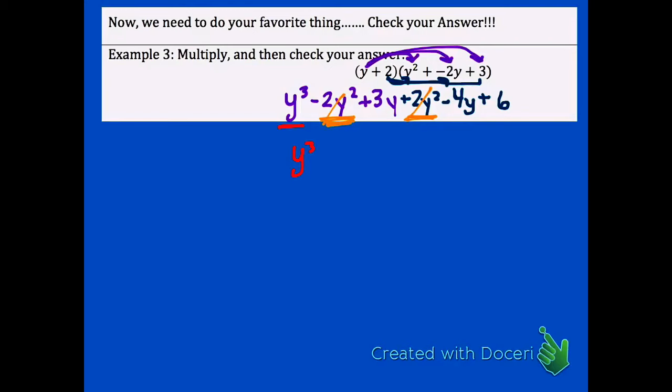And then I look for just the plain y, and I've got a 3y and a negative 4y. And so that is a negative 1y. And then I have my constant of 6. Now I'm hoping that that answer is correct, so let's take a look at how to check that answer.